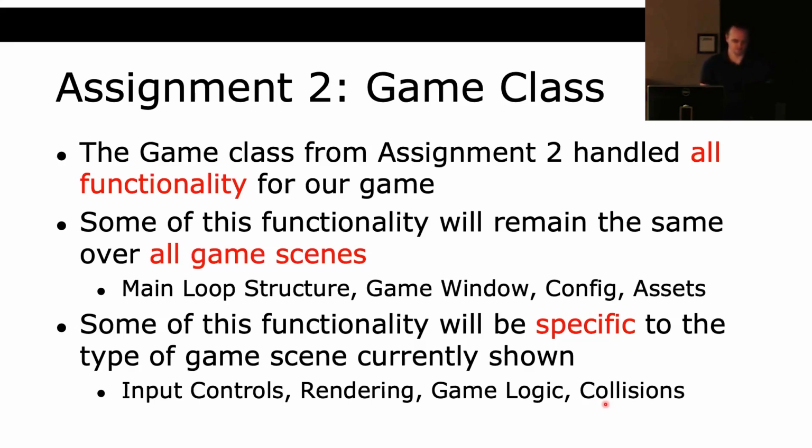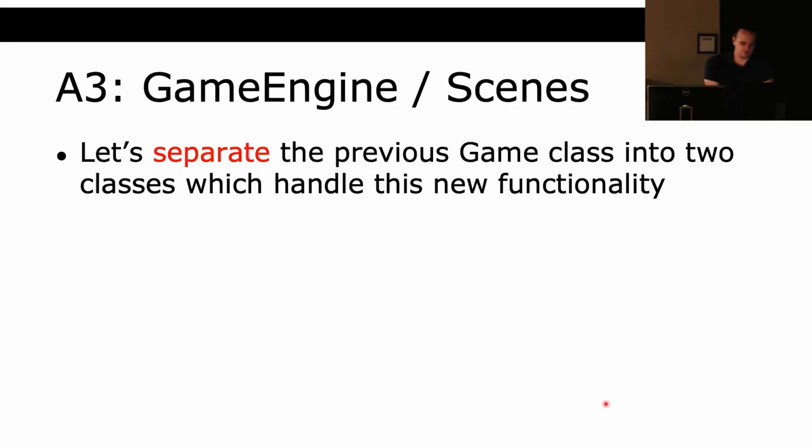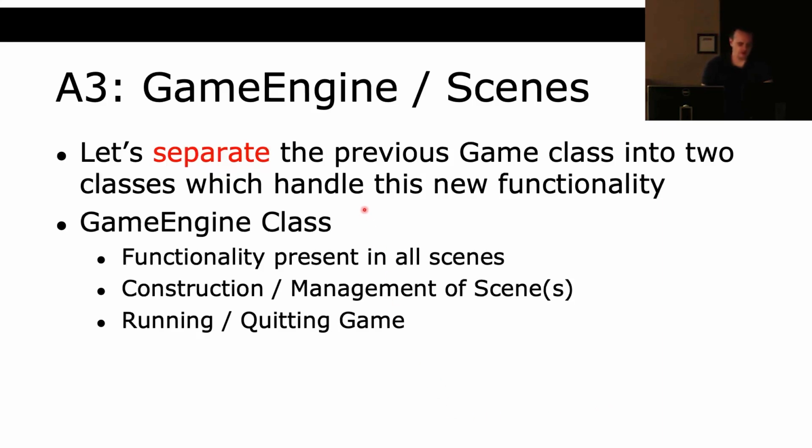So in assignment 3, we're going to introduce the concept of separating all of these things. We're going to separate the game class that we had for assignment 2 into 2 different classes that now separate the functionality. We're going to have the game engine class, which is going to handle all the stuff that's similar between all the scenes, all that functionality that's present in all the scenes.